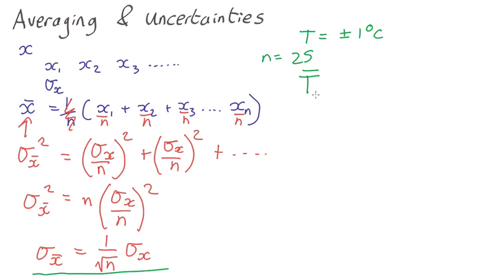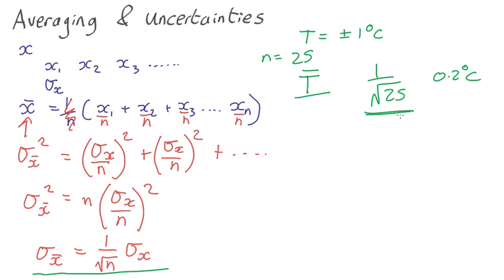The uncertainty in this is going to be the uncertainty 1 degree divided by root 25. So it's going to be 0.2 degrees C uncertainty in this. So what you can see is the more measurements you make, the smaller your uncertainty in the average becomes.